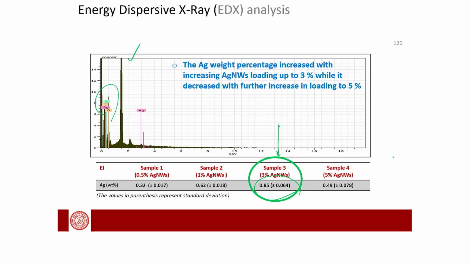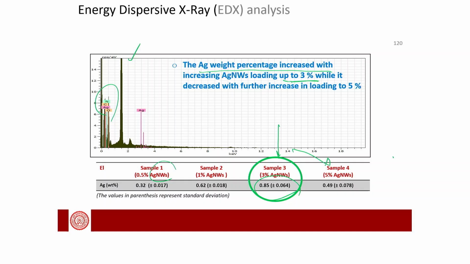So, what we found is that silver weight percent increases with the increase in silver nanowire loading in the mixture, up to 3%. Then a further increase of silver nanowire in the mixture reduces the silver content.